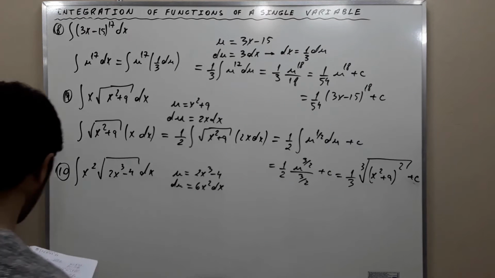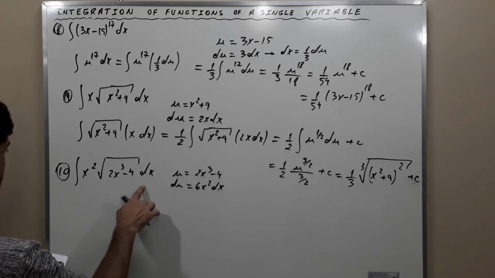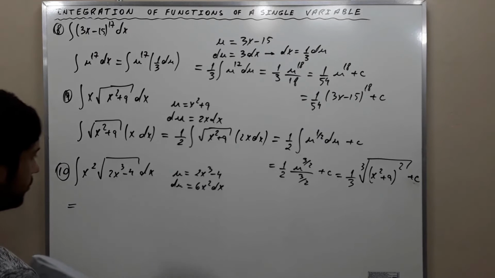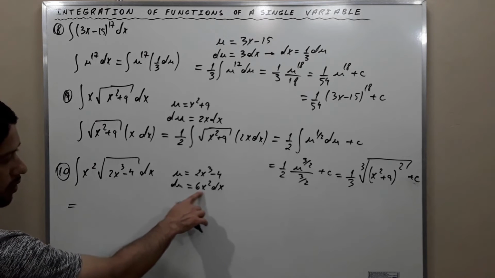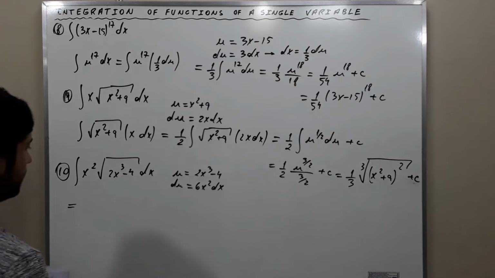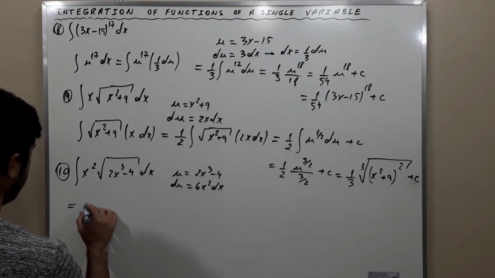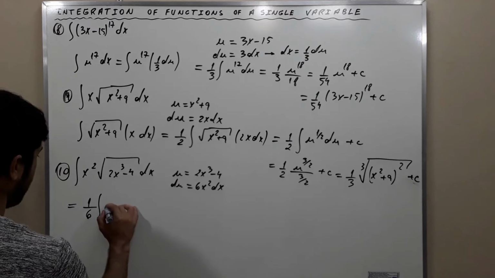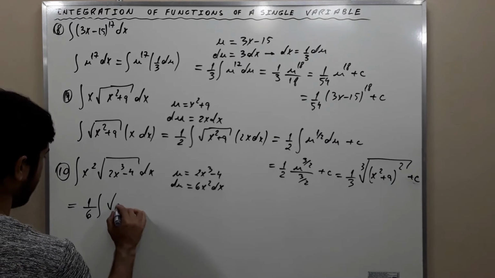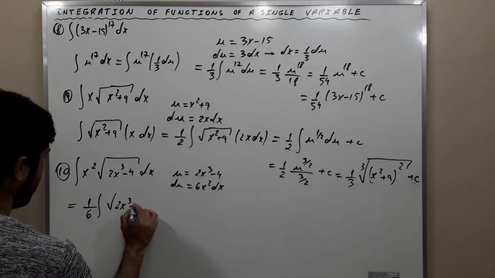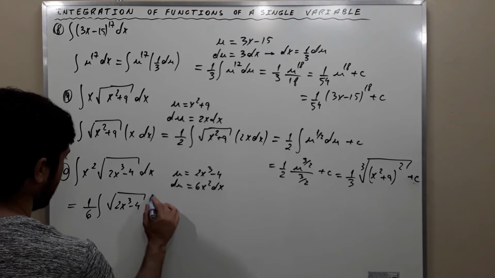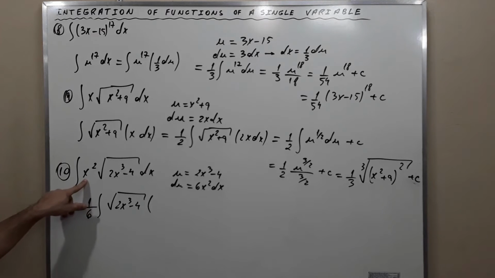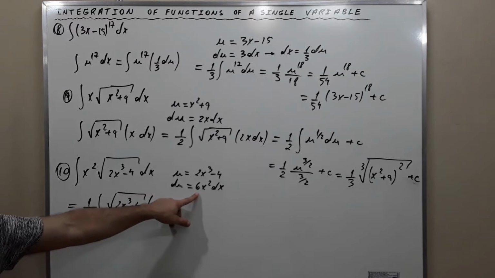And then the integral that we want, this integral here, is going to be, observe that I need to make 6x squared appear, okay? And it is going to be a sixth of the integral of the square root of 2x cubed minus 4. And here I have only x squared. I need to make this 6 here appear.